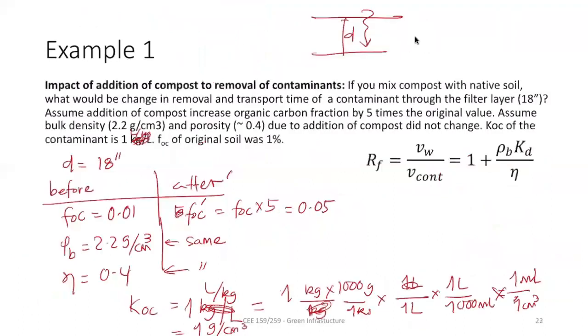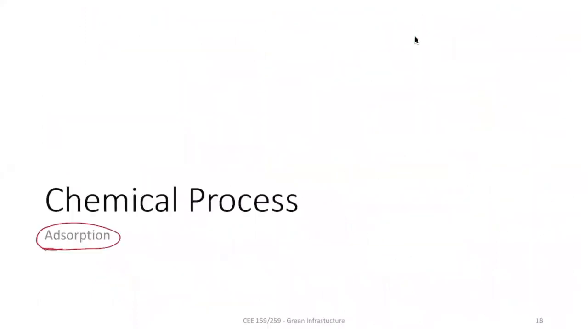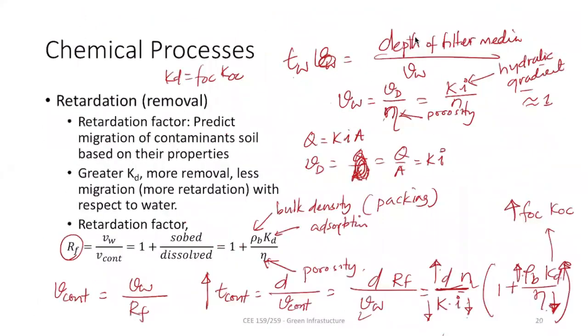If you see at the very beginning, the retardation factor is contaminant sorbed over dissolved. So if you know the retardation factor, you should be able to calculate how much of the pollutants are being removed by the sediments, because that's related to KD. So if you know that one, you should be able to see what percentage of total contaminants are actually being removed.